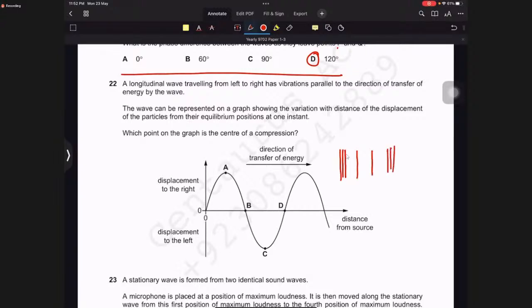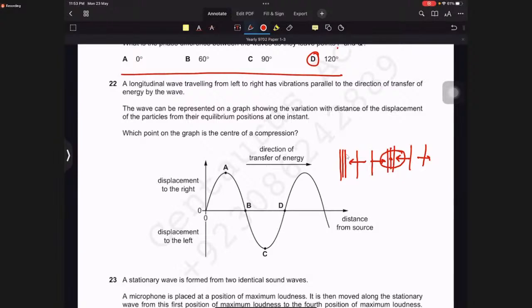What happens is that a rarefaction happens because the points are moving like this, right? And when the particles basically compress each other, that's where the compressions are, right?